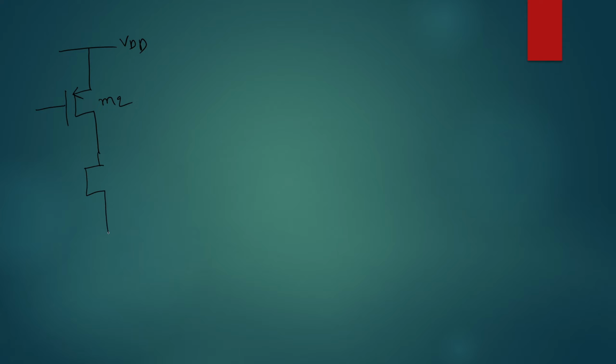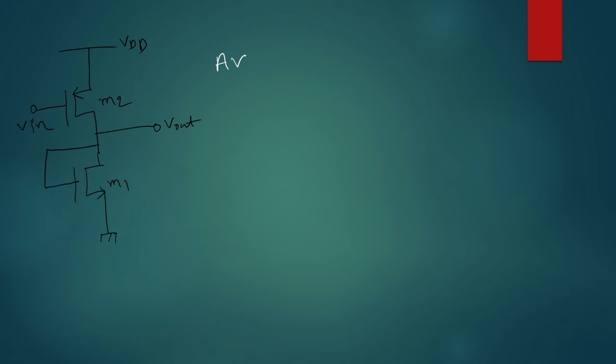And now you consider the NMOS as a diode connected load. So your gate and drain must be shorted, and this is your M1, this is your V out, and this is your V in. So the question is, what will be the voltage gain in this case?